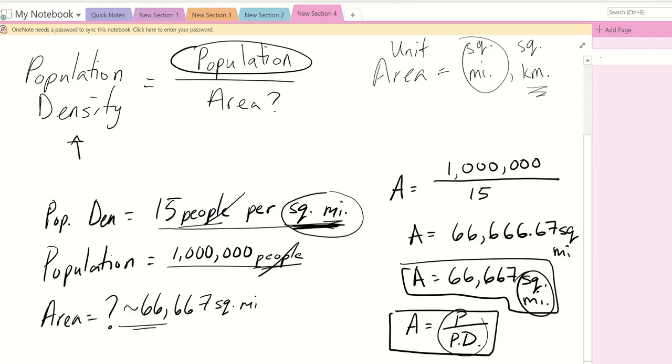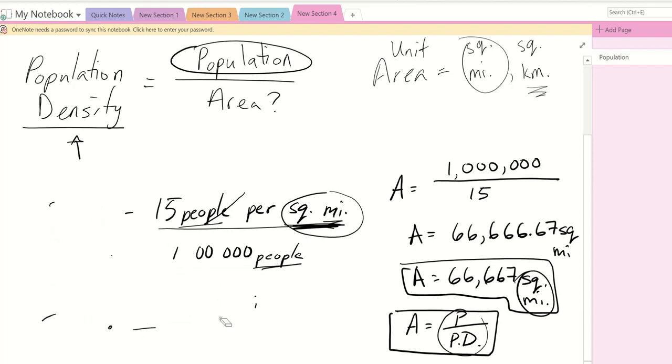Now, that's the case. So we know what the formula is when you want population density, right? Population density is equal to population divided by area. We know what the formula is for area. Area is population over density. What if now, this time, let's clear the board.